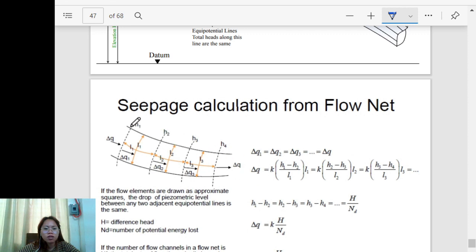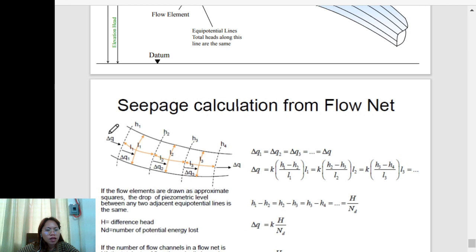So we have here two flow lines, and say we have the equipotential. This is the flow element. So the rate of flow, delta Q, is the same, that is delta Q1 is equal to delta Q2.